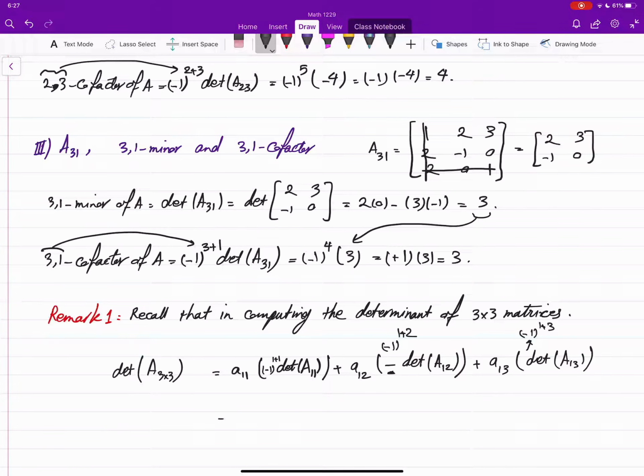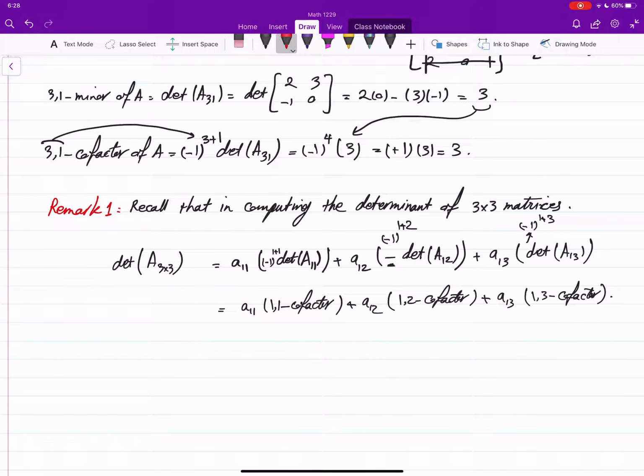And as you can see, we have A11 times the 1,1 cofactor, then plus A12 times the 1,2 cofactor, and A13 times the 1,3 cofactor. This is something that we will get back to very soon for general matrices, but for 3 by 3 matrices, this is what we had.